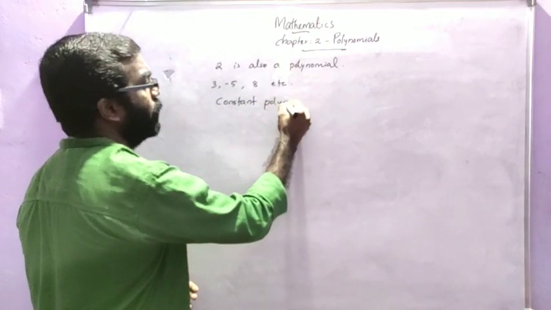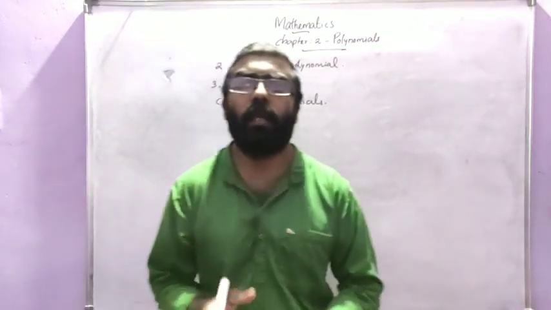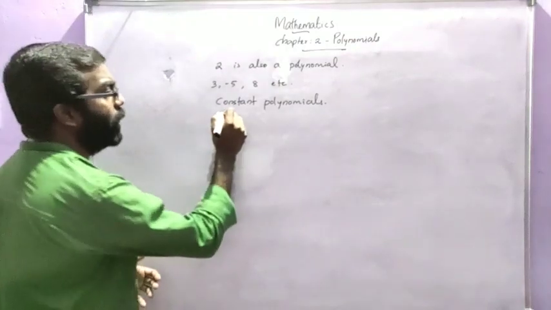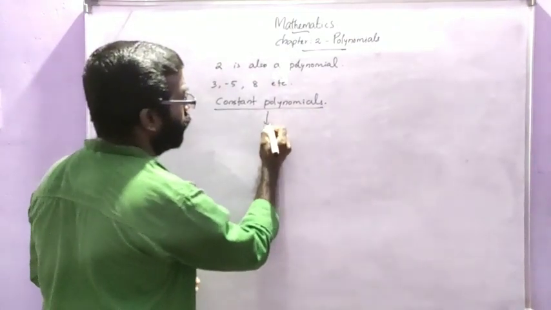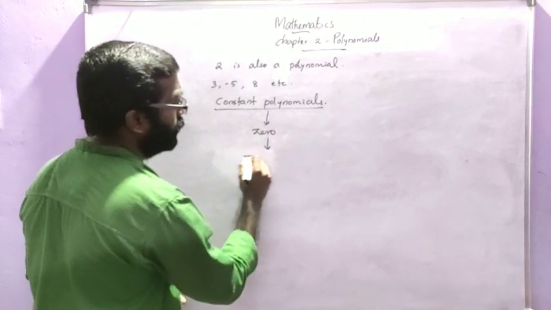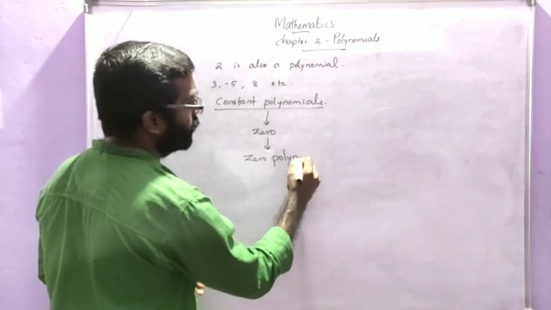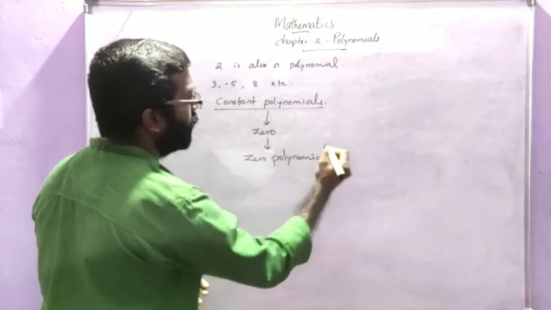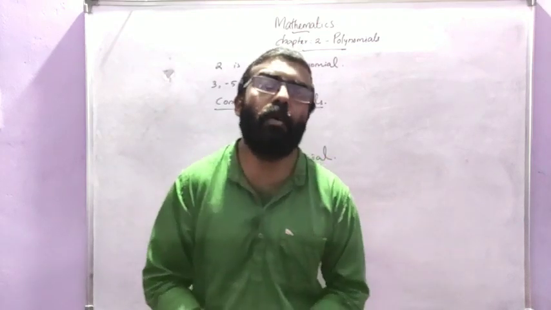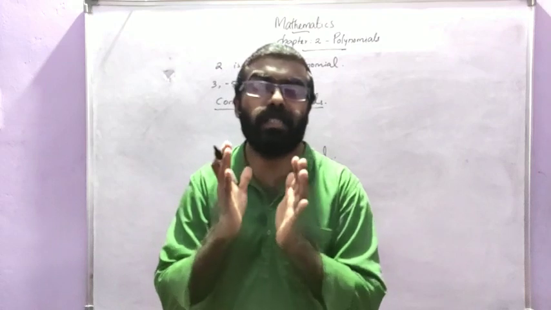The polynomial 0, the constant polynomial 0, is called the zero polynomial. It's very important. This plays a very important role in the collection of all polynomials, as you will see in the higher classes.